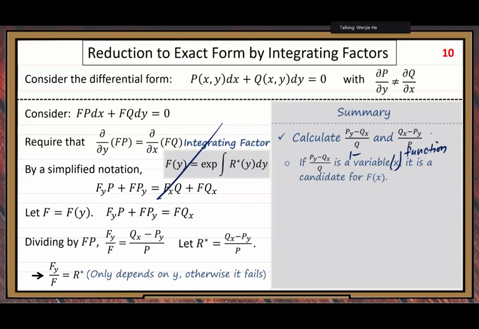If it's a one variable function but the variable is y, then it fails. So the variable must be x, not y. That's the first case. The second case is a one variable function of y.